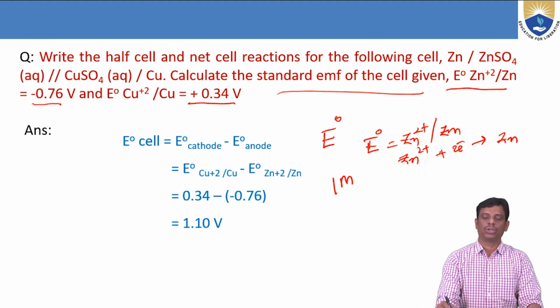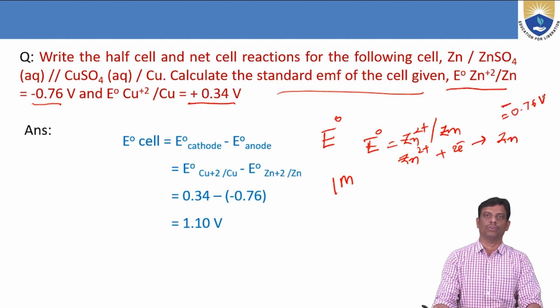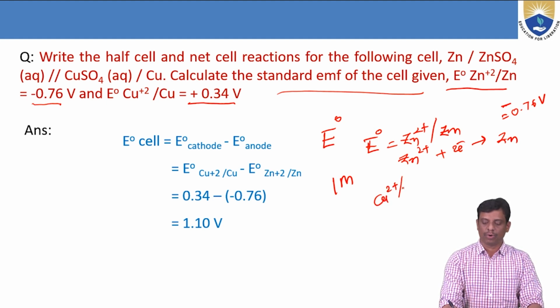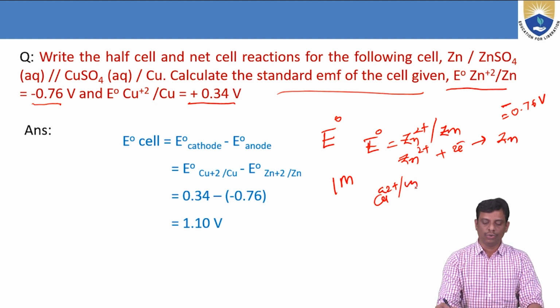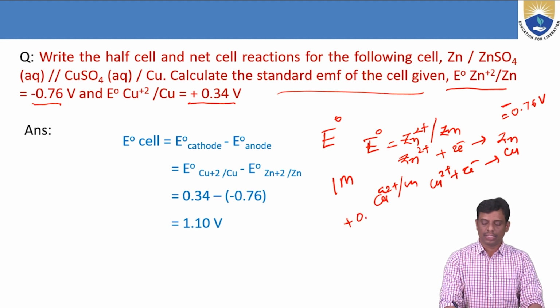That standard electrode potential is minus 0.76 volts. And the copper standard reduction potential, Cu2+ or Cu, means Cu2+ gains electrons and is converted to Cu. The potential is plus 0.34 volts.